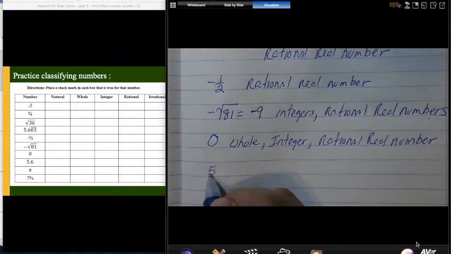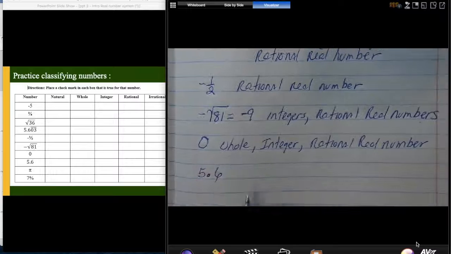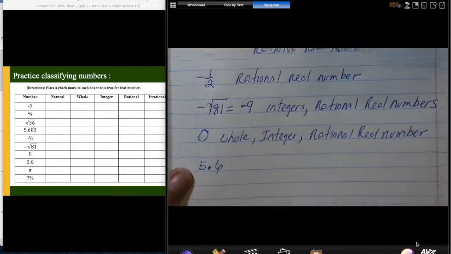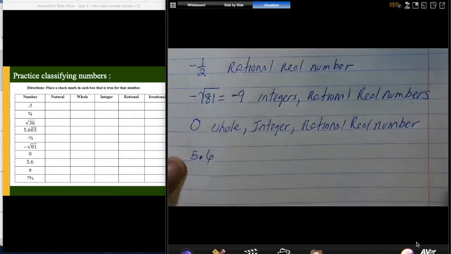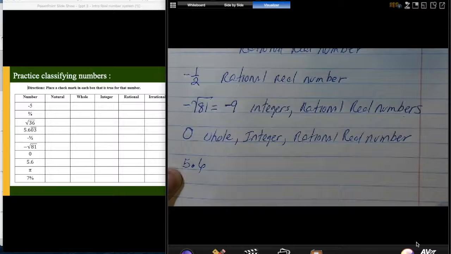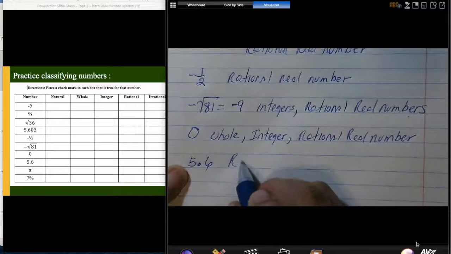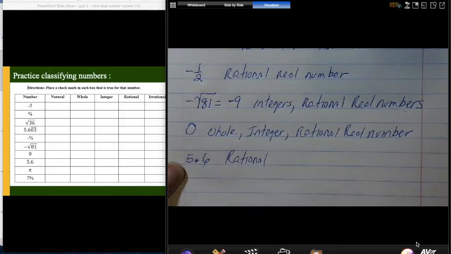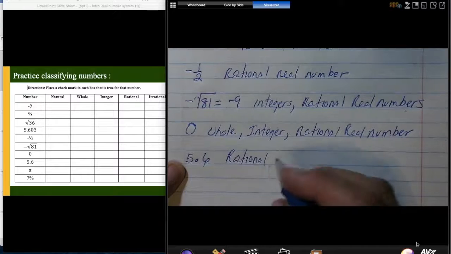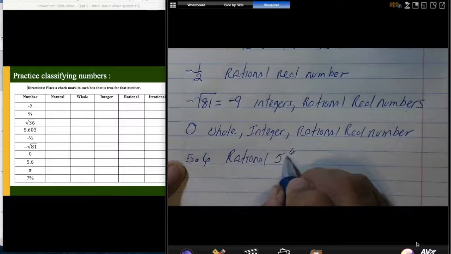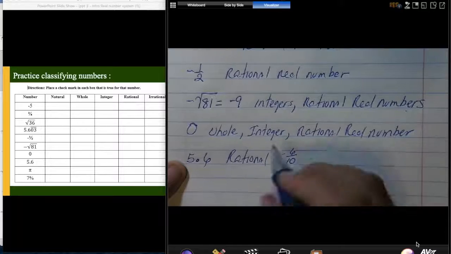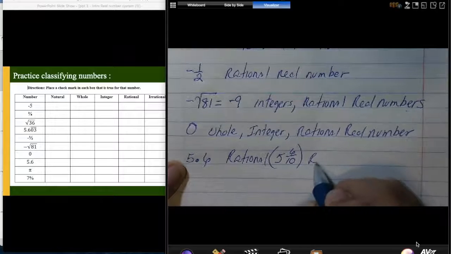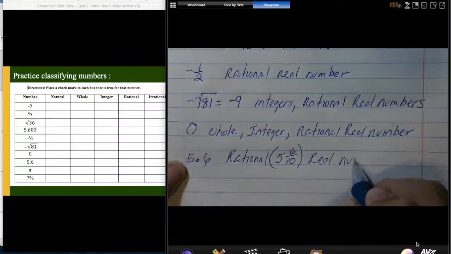Now remember, when I read this correctly, this is 5 and 6/10. So it is a rational number because all rationals include fractions. If I wanted to write it as a fraction, then I would write it as 6/10. So it is a rational real number.